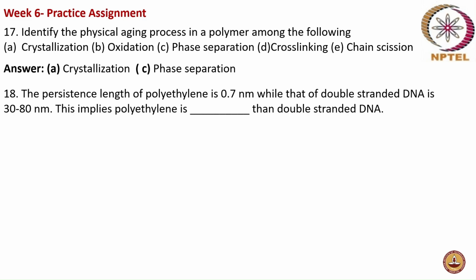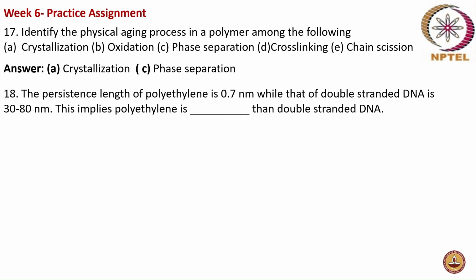Okay. Now next, persistent length of polyethylene is 0.7 nanometer, while that of double stranded DNA is 30 to 80 nanometer. This implies that polyethylene is dash than double stranded DNA. So we just had a discussion on persistent length, contour length, right?